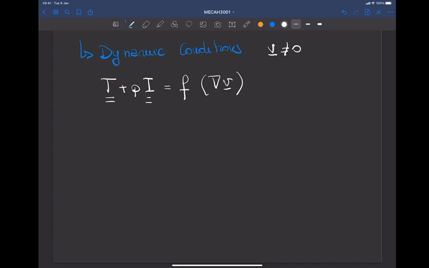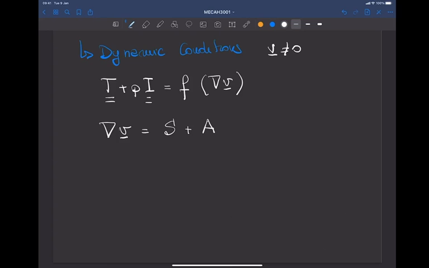You know very well that a gradient, in this case, is of course a matrix here, because it's the gradient of a velocity vector, and you know that you can decompose every matrix in a symmetric and antisymmetric part.